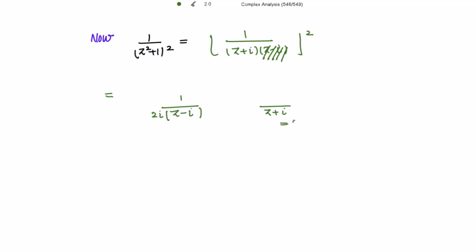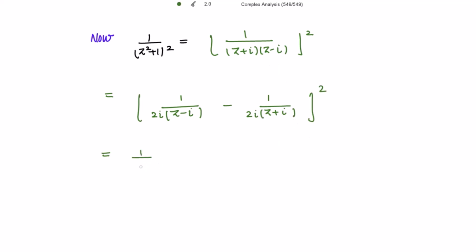When putting this denominator equal to 0, we hide this factor and we get z equal to negative i. Put this value over here, we get minus 1 divided by 2i.